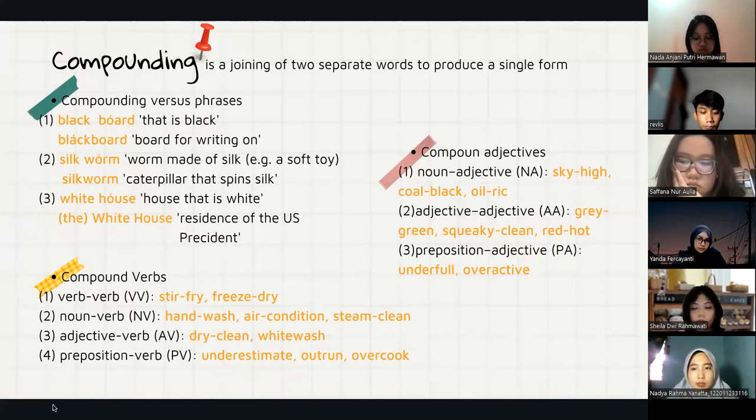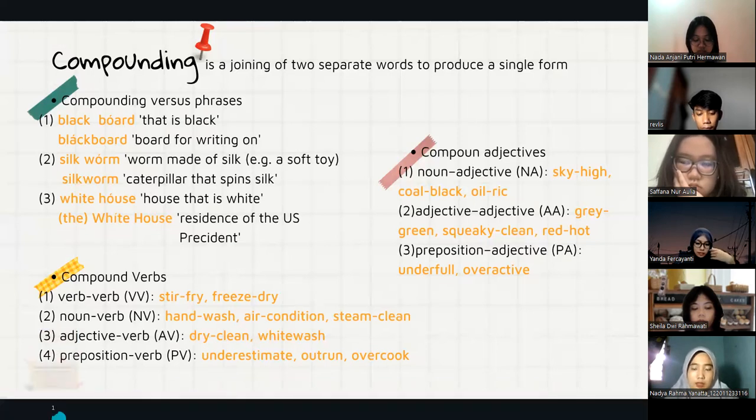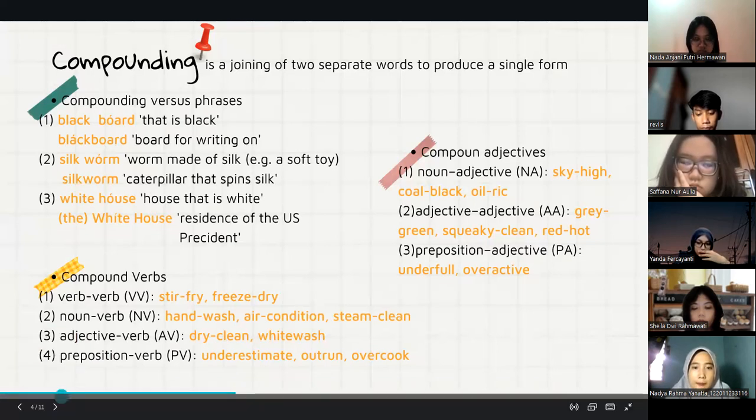The third one is compound adjectives. The examples are noun adjective, adjective adjective, and preposition adjective.